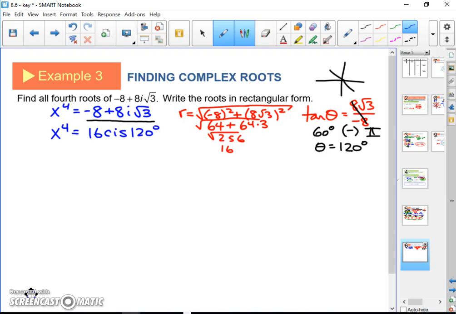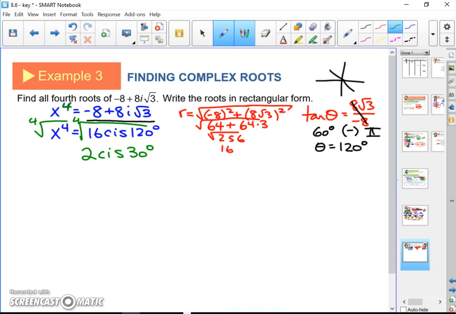So if I'm going to use my nth root here, I'm going to take the fourth root. The fourth root of 16 is 2, and 120 divided by 4 is 30. So 2 cis 30. One of my roots is 2 cis 30. Now remember, there are going to be 4 solutions.